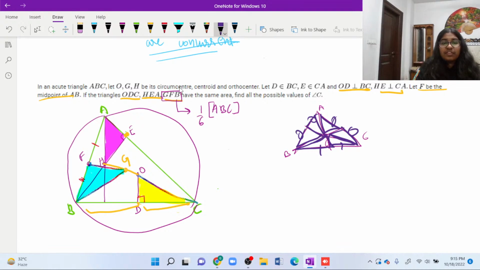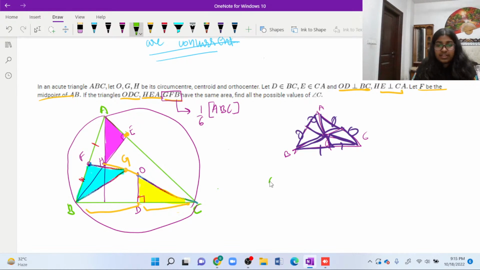So the area of FGB is 1/6 of ABC. That means the area of HEA is also 1/6 of ABC, and ODC is also 1/6 of ABC.